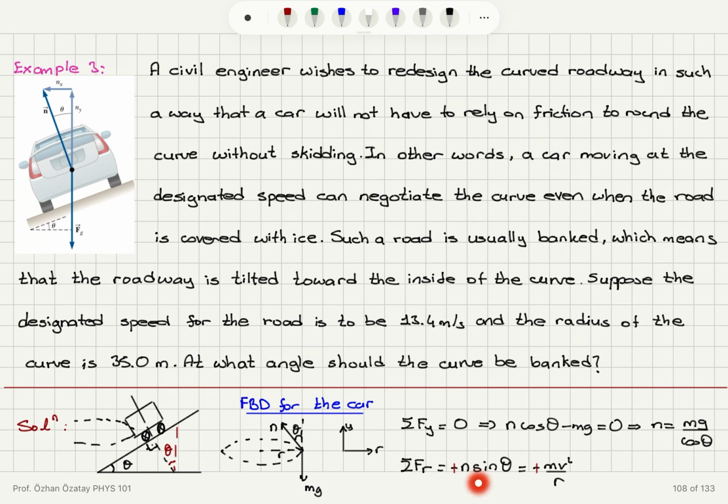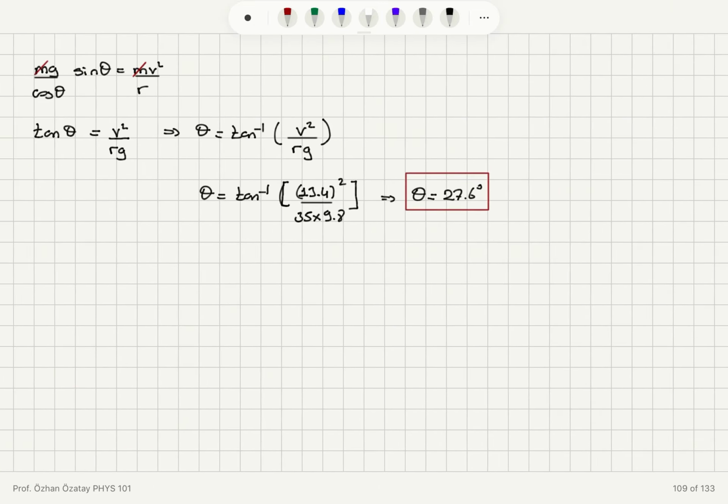That is N sine theta equals mv squared over r, and we find the normal force in terms of the weight using the net force on the y-axis to be zero because the car is not moving on the y-axis. By setting normal force times sine theta equals mv squared over r, we can determine the angle theta in terms of the designated speed, the radius of the circle, and the gravitational acceleration g.